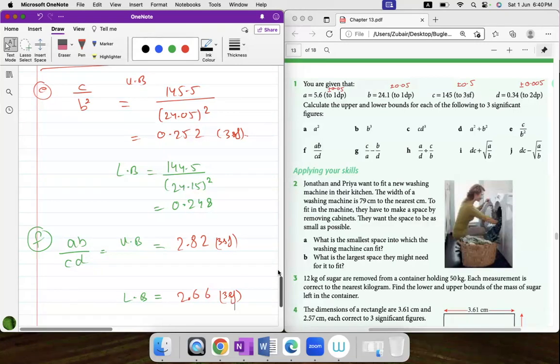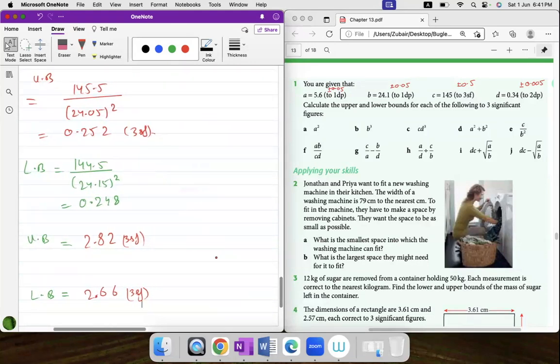So for your A and B, you multiplied 5.65 and 24.15, right? Yes, I did that.